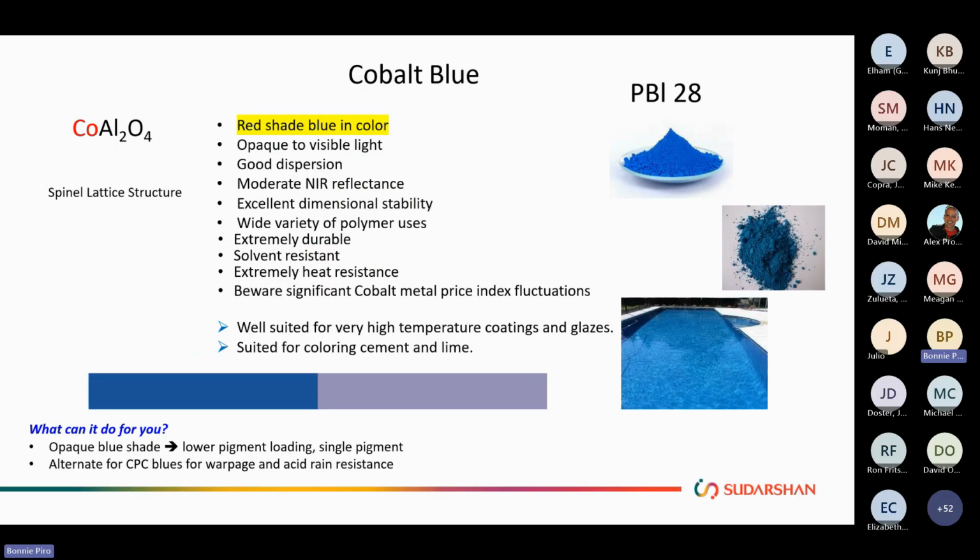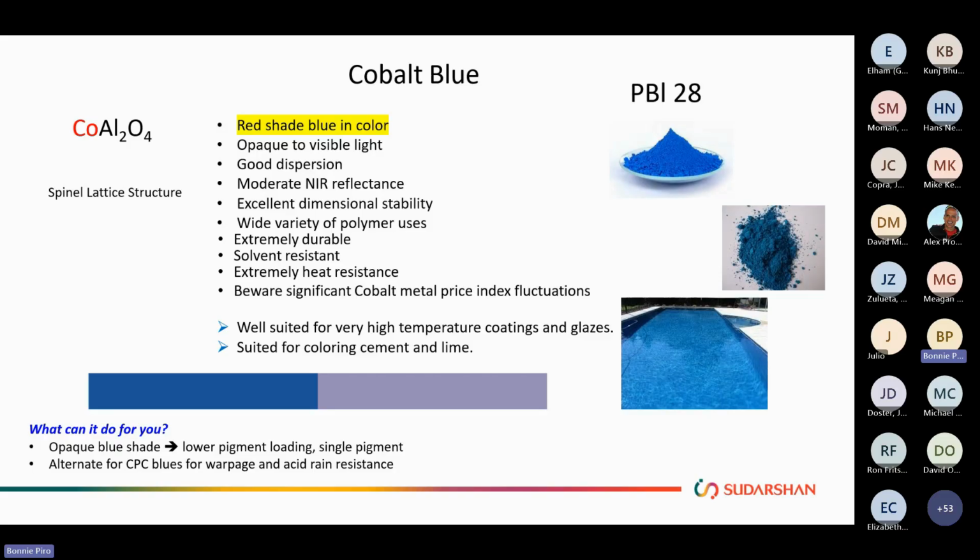So cobalt blue is, as I mentioned, to the red shade. It has the same properties as the CICPs as a class do. It's well suited for higher temperature coatings like glazes, and is suited for coloring cement or lime, so a combination of the two there.